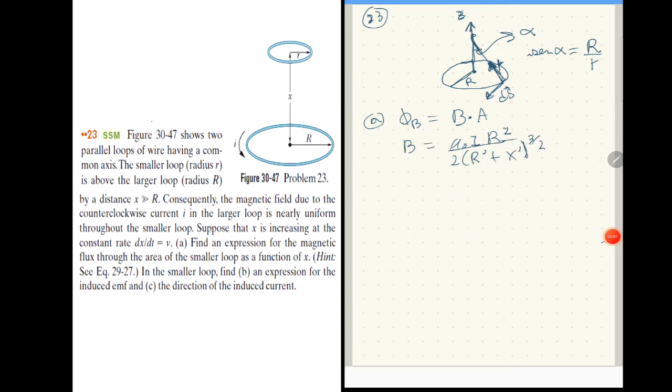Let me stop. We have determined the magnetic field. We use the Pythagorean theorem, I think that's the right name, I don't remember these names from high school, in this expression for the r lowercase.